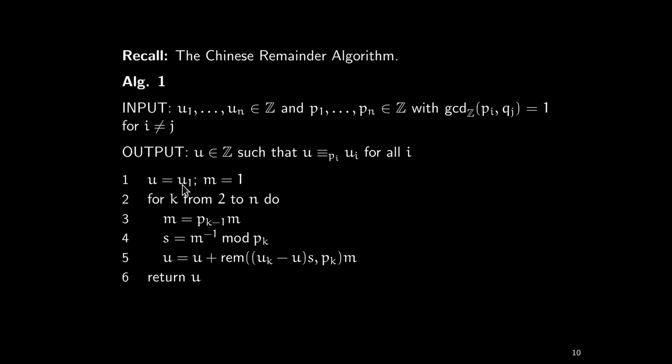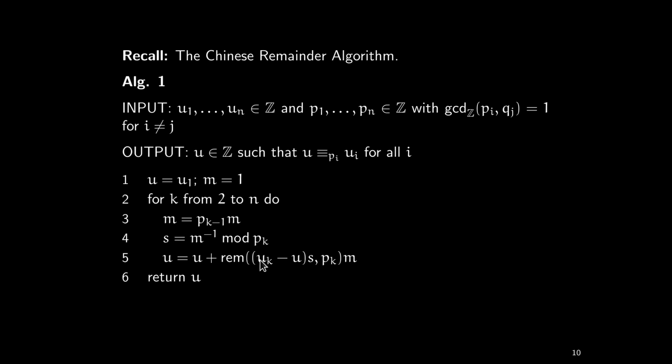So here's how you do it. You initialize this with the first image. That will be valid for the first modulo, the first prime. And then here you take an m that will contain the product of all the primes, and then you run over as many points as you have. And here you update the product. Here you take the modular inverse of the product modulo the next prime, call it s.